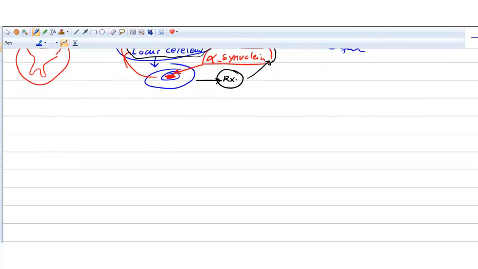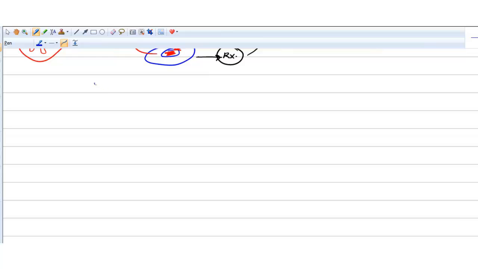Now there are interesting questions about dementia plus urinary incontinence, you remember, plus gait, which is NPH. Now how do you treat it?